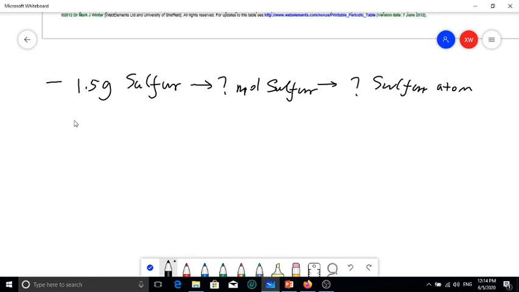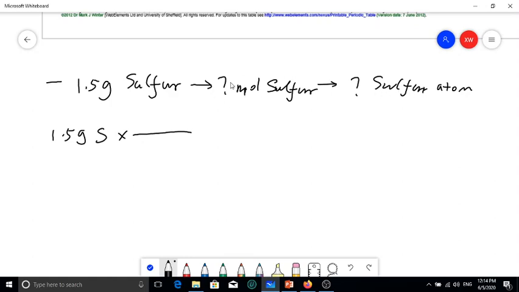It's going to be starting from 1.5 grams of S, which is the symbol of sulfur, times the first thing you're going to find out, which is the mole of the sulfur. We already said a number of times, the mole is the connection or the bridge connecting the very useful physical amount in grams for us in the lab, or practically useful for us, with the number of atoms or molecules that are super tiny things.